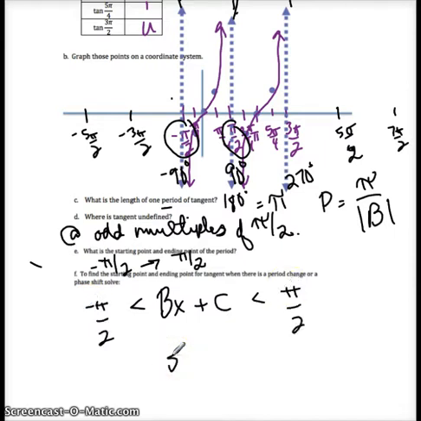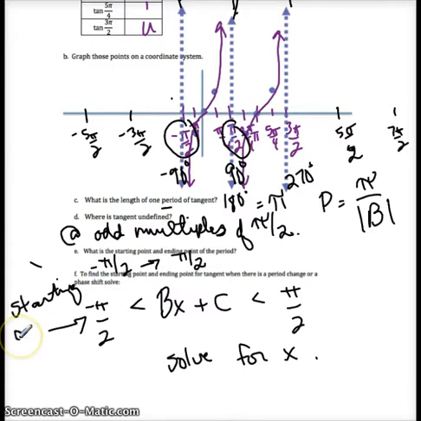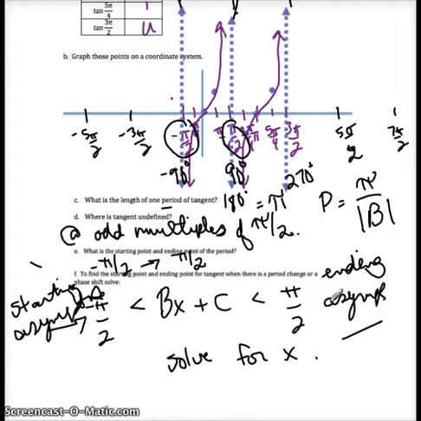And then we'll solve for x or theta, depending on the variable. So remember, these are our starting asymptote of the parent function, and this is the ending asymptote of the parent function. That'll tell us where to draw in between.